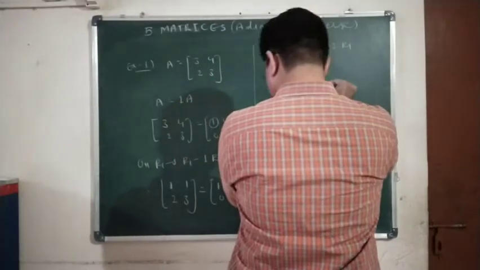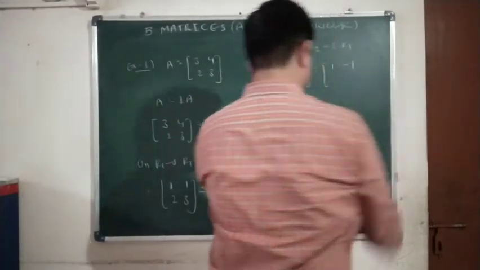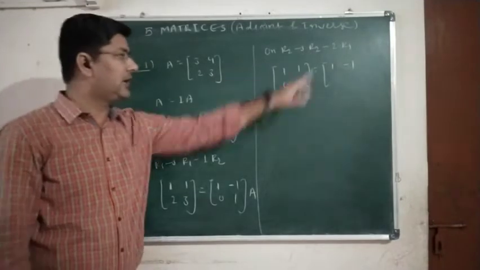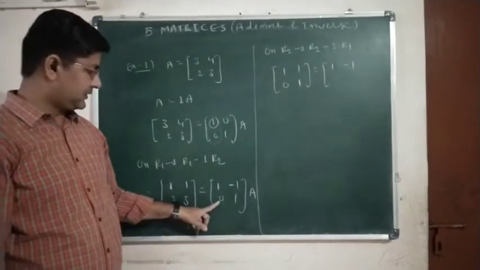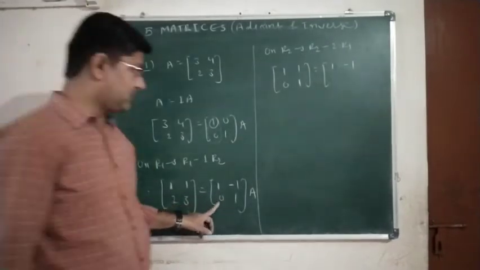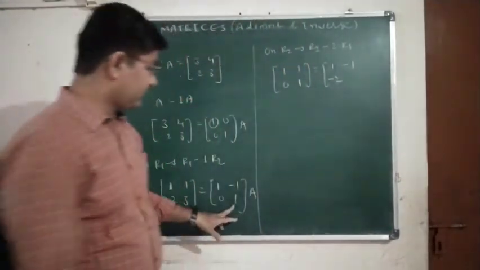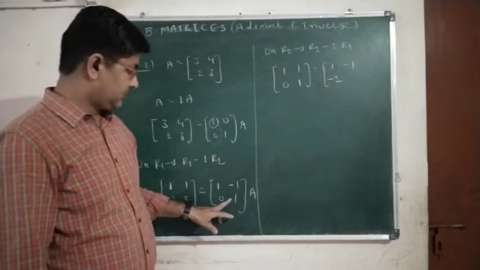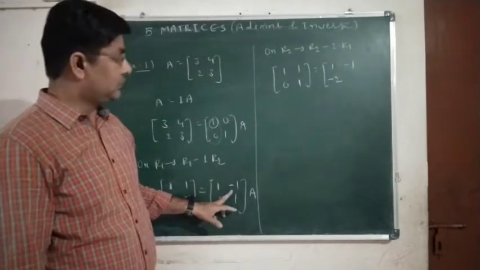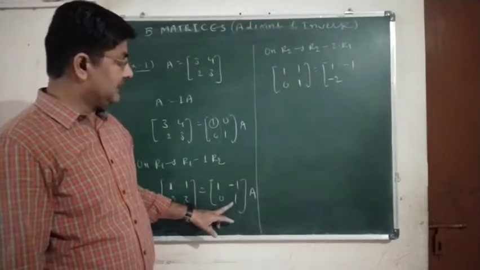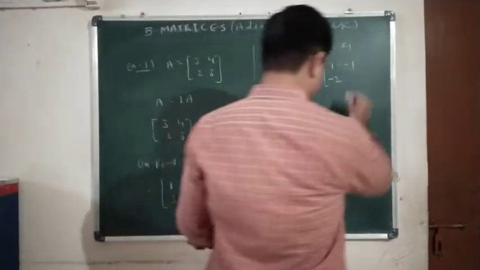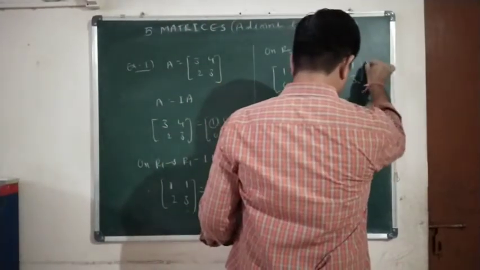R1 will not change. We have to make changes only in the row R2. So 0 minus 2 ones are 2, so 0 minus 2 will be minus 2. Again 1 minus 2 into minus 1, so 1 minus minus 2 will be 1 plus 2, that is equal to 3.